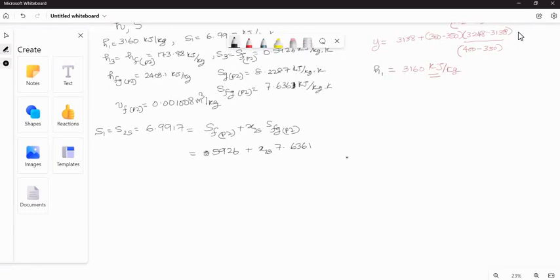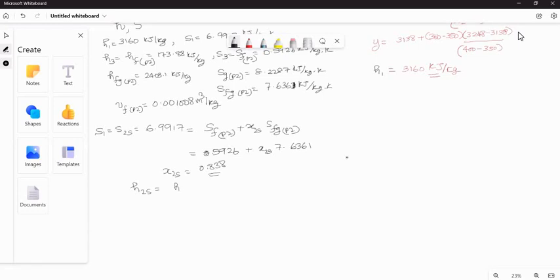Now from this, you can calculate X2S is equal to 0.838, right? Likewise, H2S is also the same. X2S you can calculate, because the dryness fraction you know.